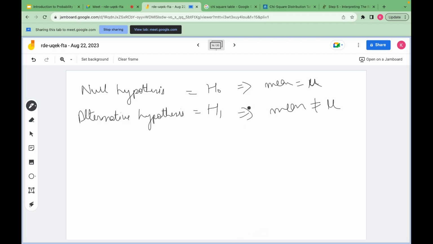So now we have some test statistics, which are nothing but the values we saw earlier, sigma by root n, t alpha by 2 with n minus 1, s by root n. All these values are test statistics.